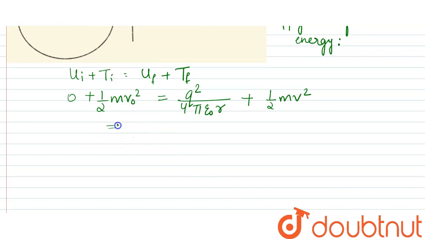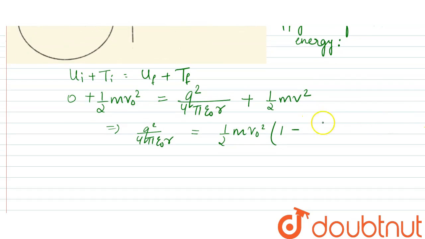So q square by 4 pi epsilon naught r would be equal to half m v naught square minus half m v square. Half m v naught square gets common, so this is 1 minus, in terms of v naught, v naught by 2 squared, that is 1 by 4.